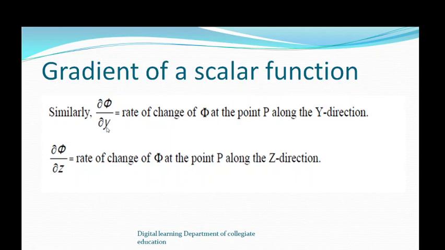Dou phi by dou y represents the rate of change of phi at the point P along the y direction. Dou phi by dou z is the rate of change of phi at point P along the z direction.